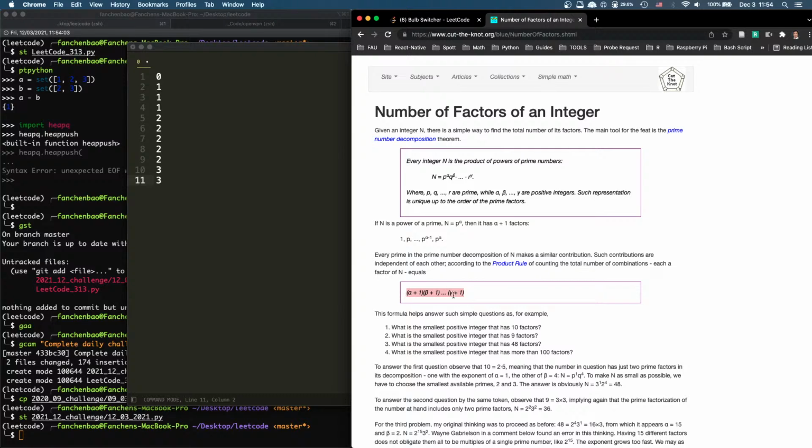The only way to make this an odd number is for alpha, beta, gamma, all these powers to be even. So everything has to be even to make it work. Right, so this has to be odd, this has to be odd, which means alpha, beta, and gamma all need to be even.